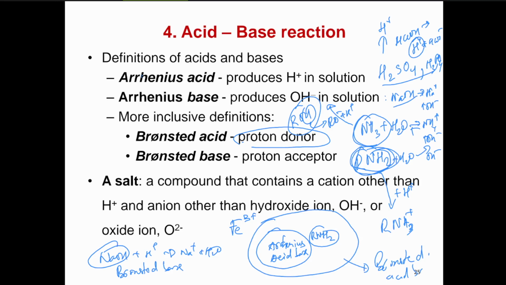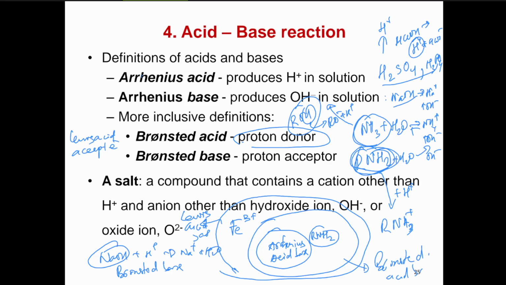Then people needed to develop the theory by extending the concept of acid and base by using the Lewis acid-base concept. A Lewis acid is a compound that, instead of being a proton donor, is an electron acceptor. So the Lewis acid is able to accept electrons.